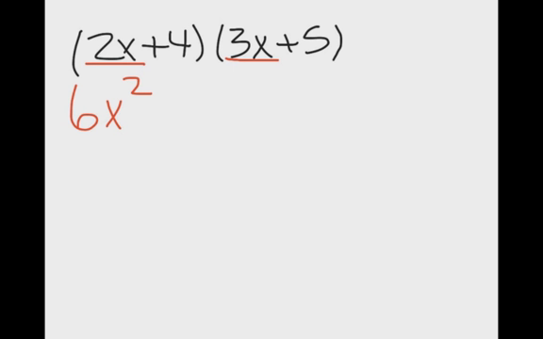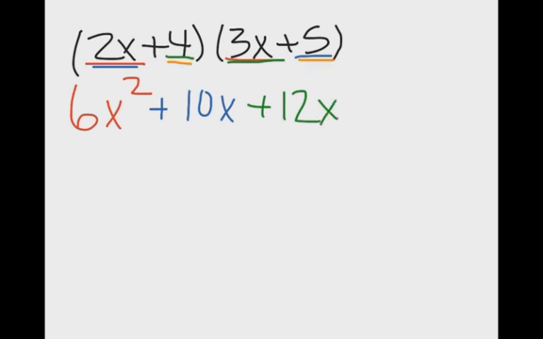Then we are going to take our 2x times 5, giving us a positive 10x. Next, we are going to take 4 times our 3x, giving us a positive 12x. And then lastly, taking our 4 times our 5 to give us 20.